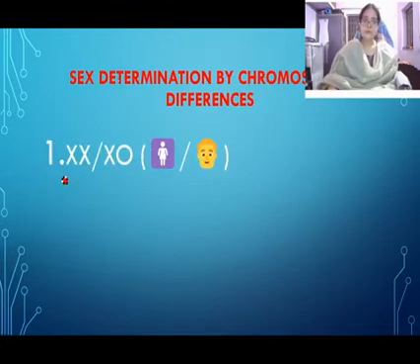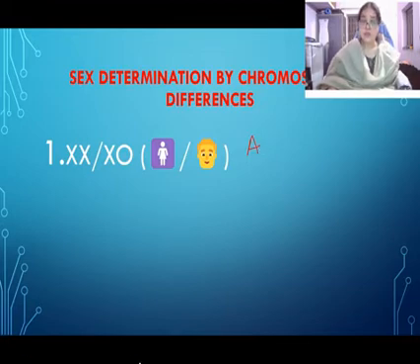One is the XX-X0 type, so XX for female and X0 for male. In case of males, let's denote the autosome by A. One sperm will have the chromosomal denotation A plus X, whereas another sperm will be A plus O. This will be the nature of sperm after spermatogenesis.